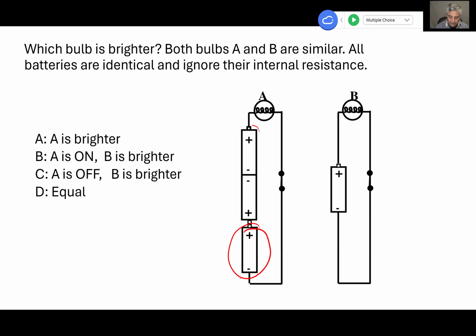There's going to be a net electric field that drives the electrons. There is potential difference, means there is still electric field, and that is still pushing the electrons. So now with that, here let's say include.